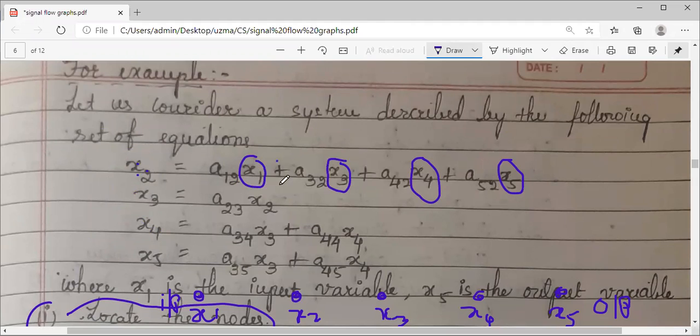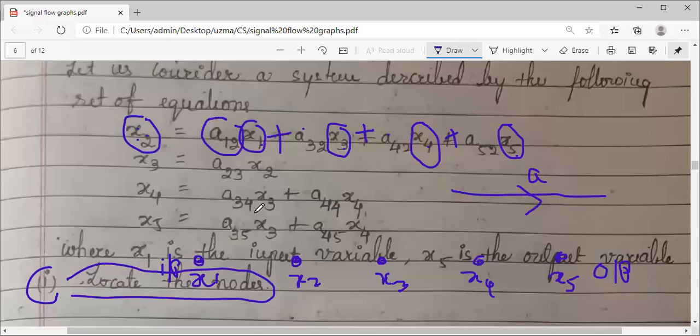From these 4 different nodes, you have to add all these values, and obviously this A12, this small a indicates gain or the transmittance, which you need to multiply. If your branch is like this, you have to put your A term here, indicating the gain between the 2 nodes. So you have to add these signals, X1, X3, X4, and X5. So signals coming from X1, X3, X4, and X5 all together should be coming to X2.